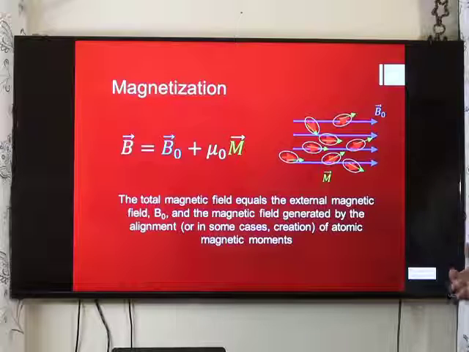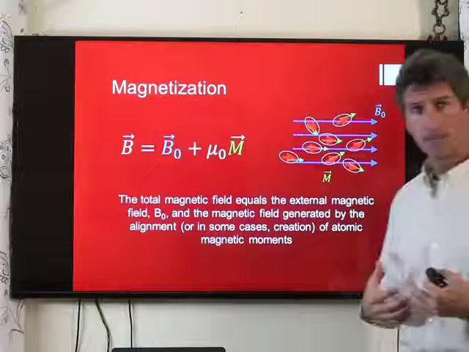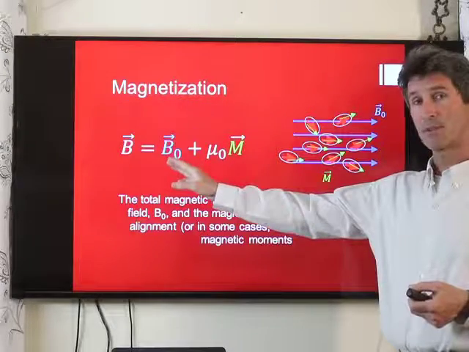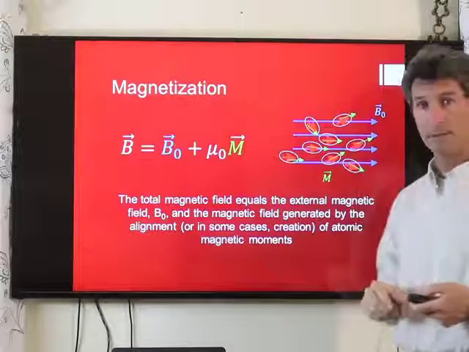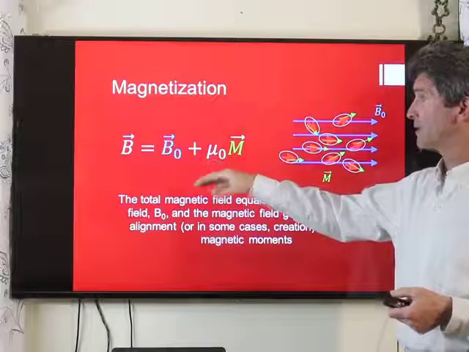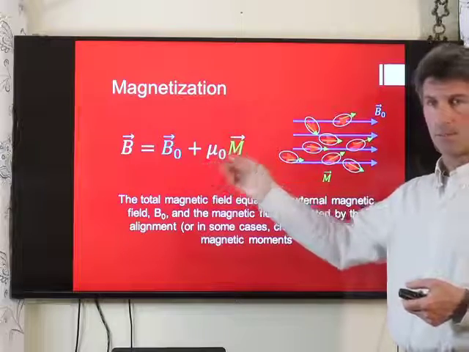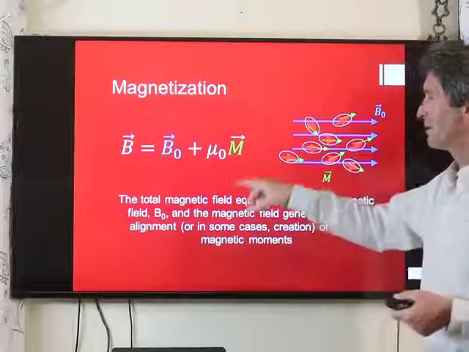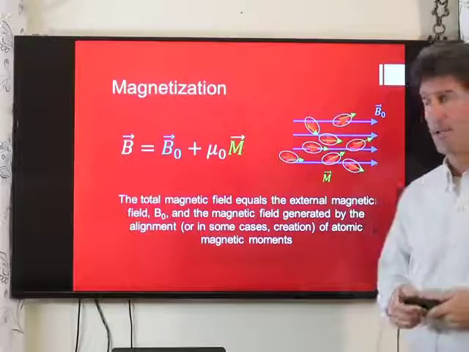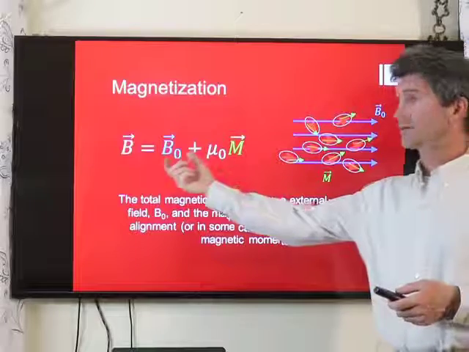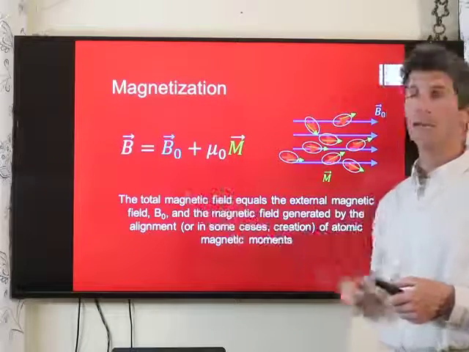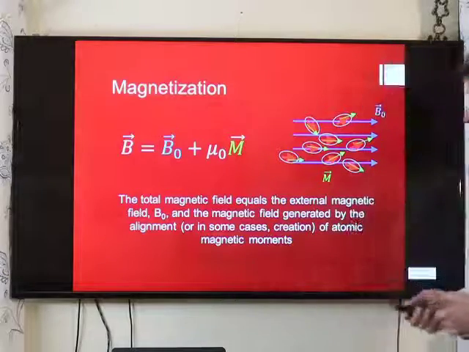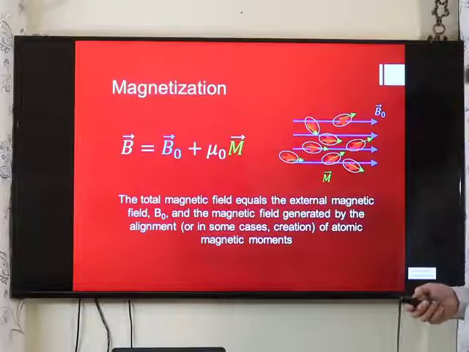If we look at the total magnetic field, we can look at it in terms of an external magnetic field, which is going to align these domains, plus a constant, the permeability of free space, mu 0, times the amount of magnetization. So external plus internal, the total magnetic field that we get is the sum of both.